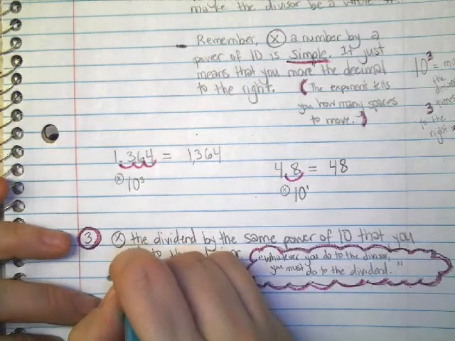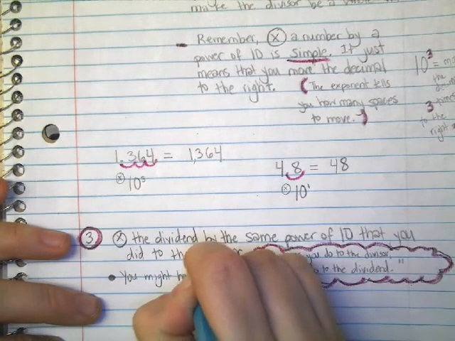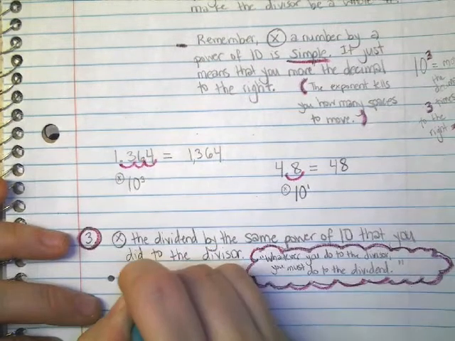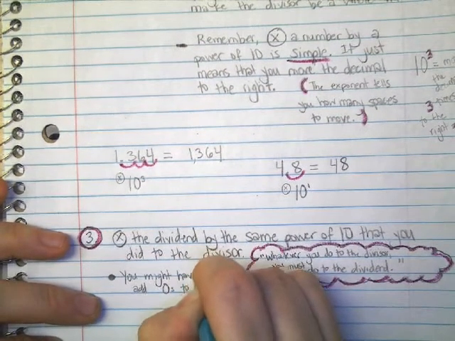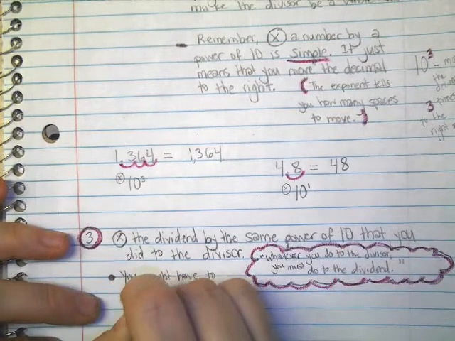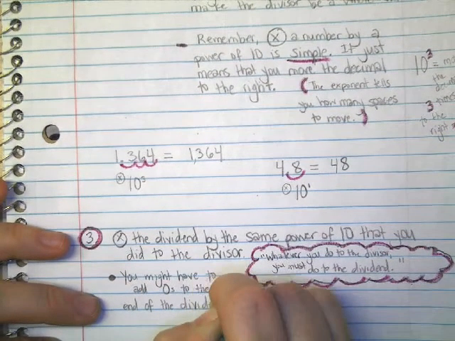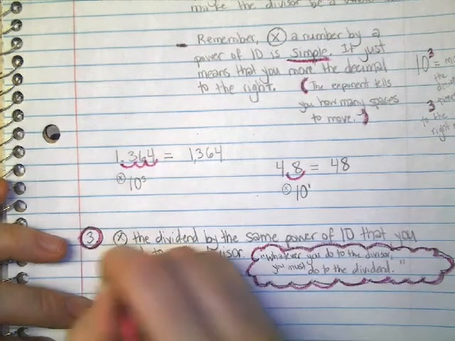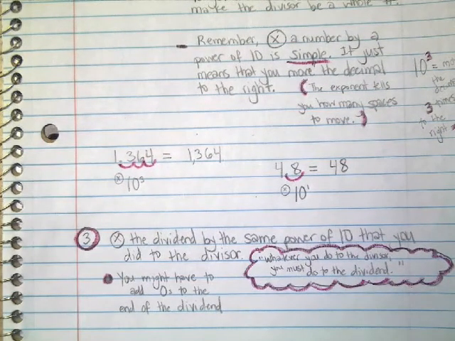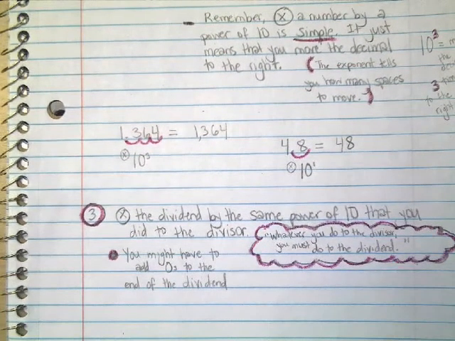You might have to add zeros to the end of the dividend.